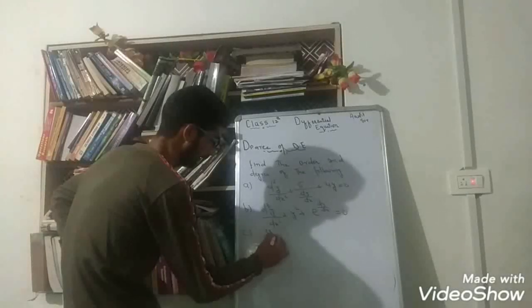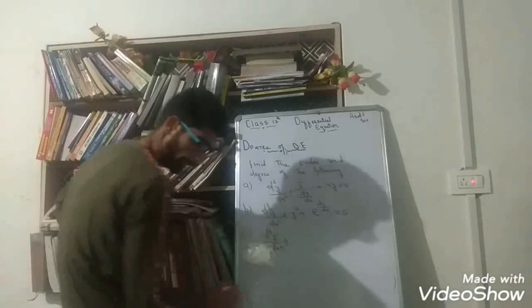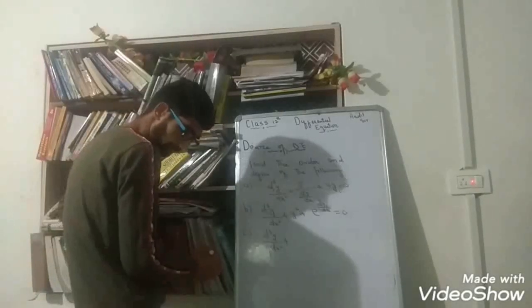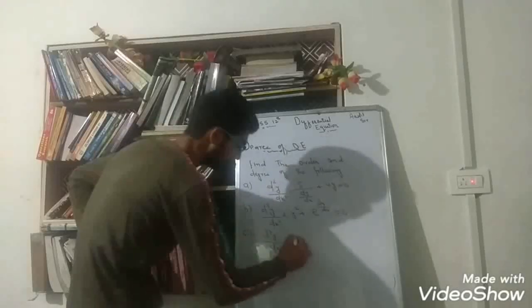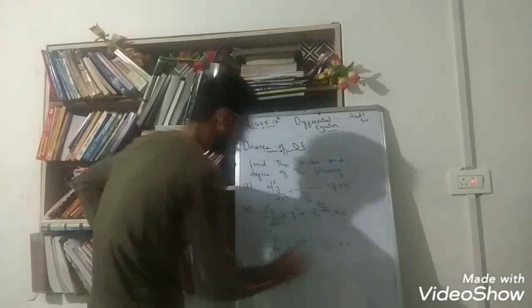You write the C part: d cube y by dx square plus sine dy by dx is equal to 0.